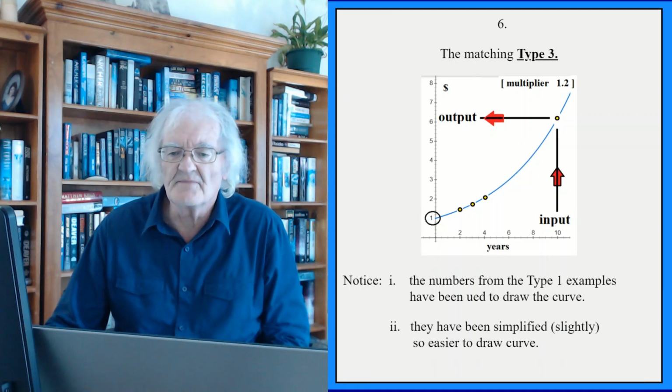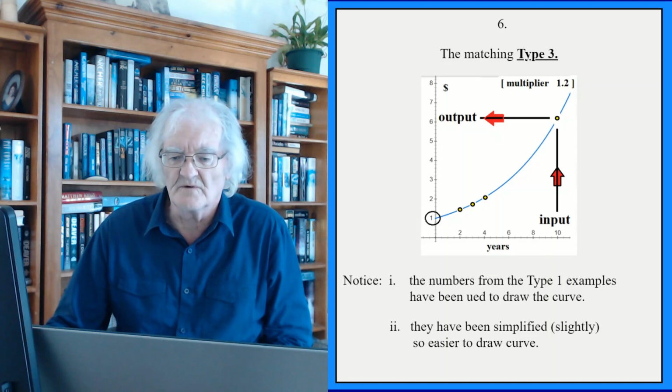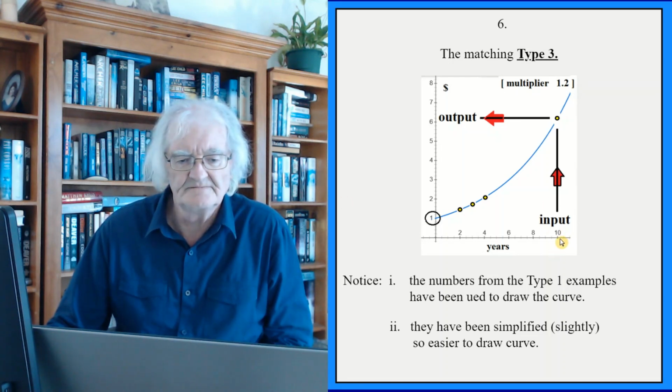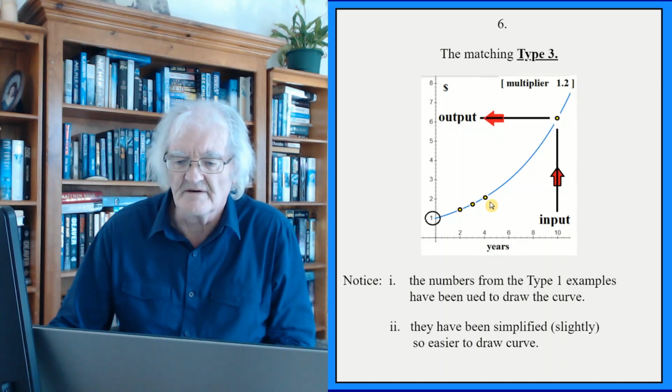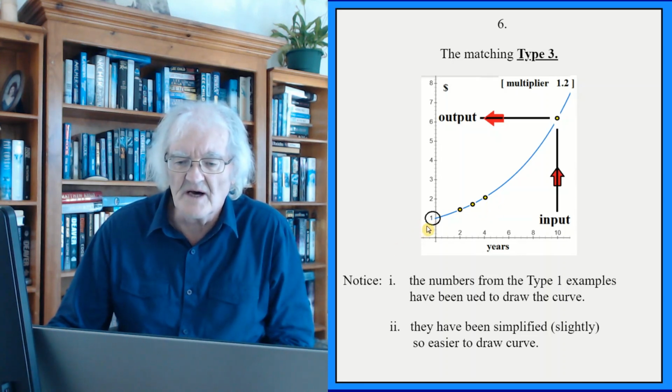The matching type 3 situation uses a graph to illustrate what we have seen. So, 10 years got us to $6.20. And the earlier examples are represented by a point on the graph, and the $1 starting point, we refer to that as the intercept.